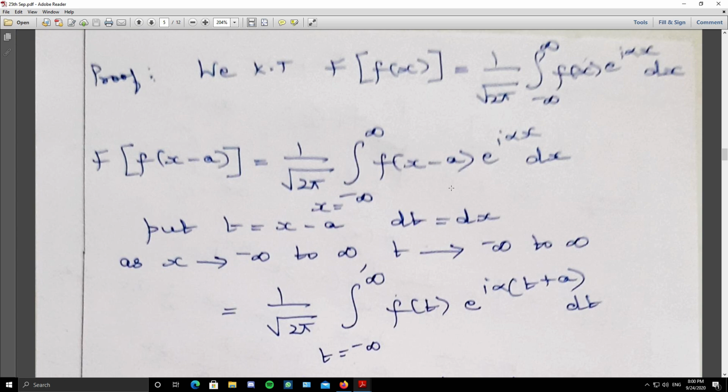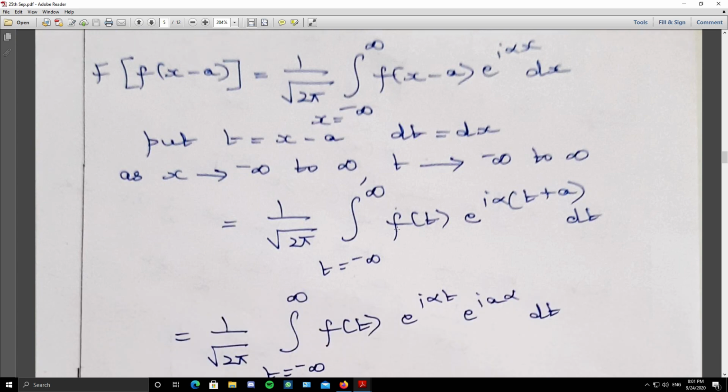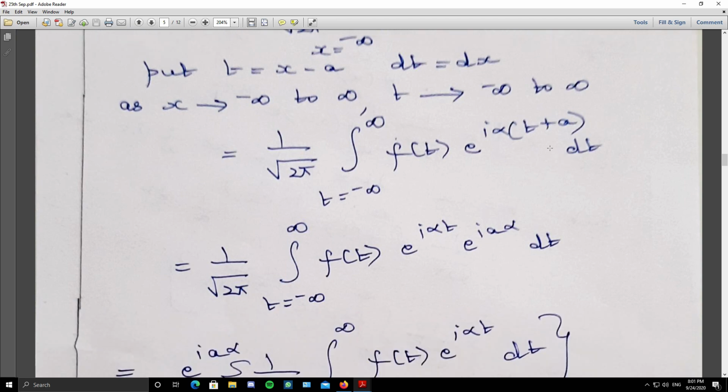So I repeat, this integral is replaced with respect to t. x minus a is t, so f of t. e power i alpha, t plus a, dx is same as dt, and t also varies from minus infinity to infinity. Now you see the integral, dt is the variable. You split the exponential function e power i alpha, t plus a into e power i a alpha.